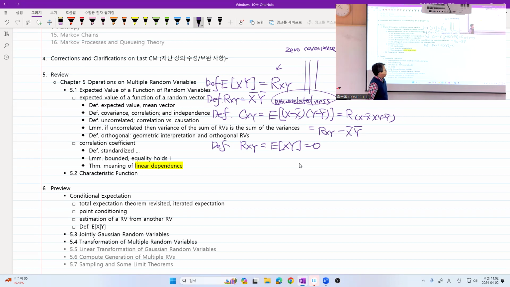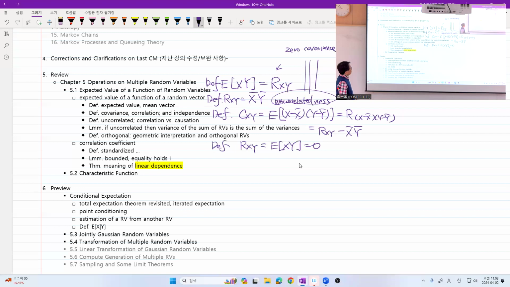We may view this expectation, this second-order moment, as the inner product between the random variables X and Y. In that case, an inner product equal to 0 means the two vectors are orthogonal. So in this case, we say the two random variables are orthogonal. The reason why this means orthogonality will be clearer after we re-examine the mean squared error minimization.